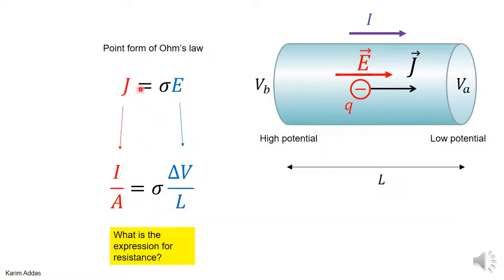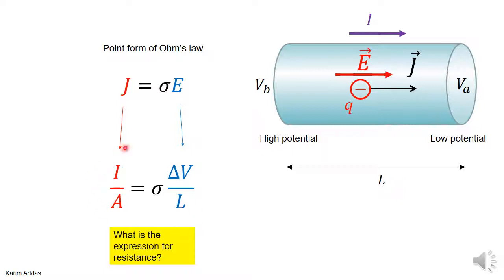So this is the point form of Ohm's law. If you replace J by current over area, and you replace the electric field by the potential difference across the ends of the wire divided by the length, then this will now get you the form of Ohm's law that you know about. Remember, it was that the delta V is equal to I times R.